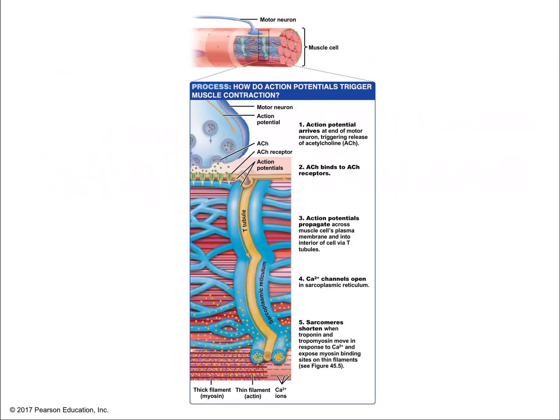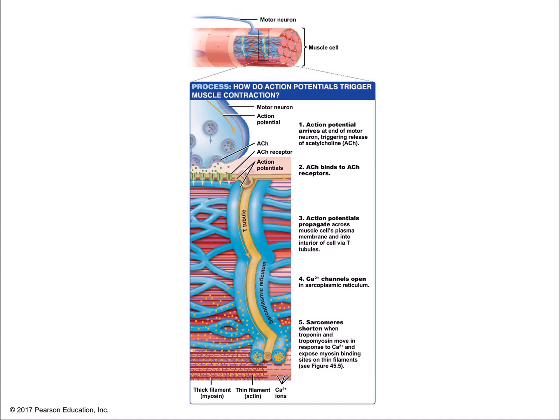So what does this look like? Here it is. The first step should look familiar from last week. Here's our motor neuron, and an action potential is being sent from the nervous system down to the end of the motor neuron to release acetylcholine. Acetylcholine is released into the synaptic cleft until it binds to receptors on the muscle cell.